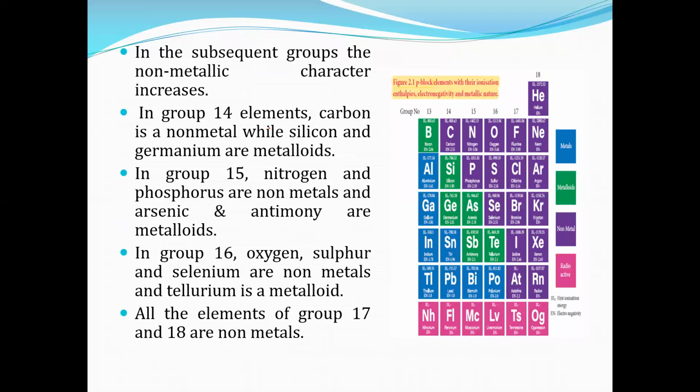In the subsequent groups, the non-metallic character increases. Carbon, nitrogen, oxygen, fluorine and neon are all non-metals. In group 14, carbon is a non-metal, while silicon and germanium are metalloids. In group 15, nitrogen and phosphorus are non-metals, and arsenic and antimony are metalloids. In group 16, oxygen, sulfur and selenium are non-metals, and tellurium is a metalloid.